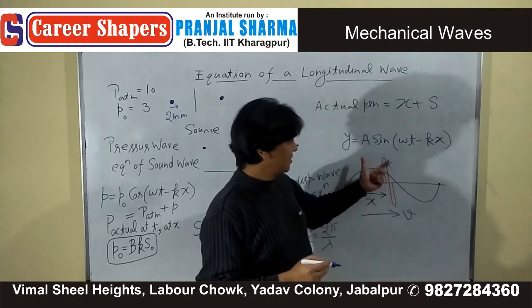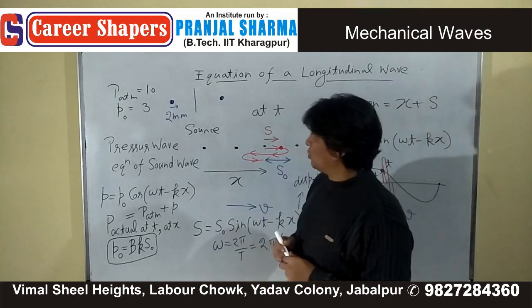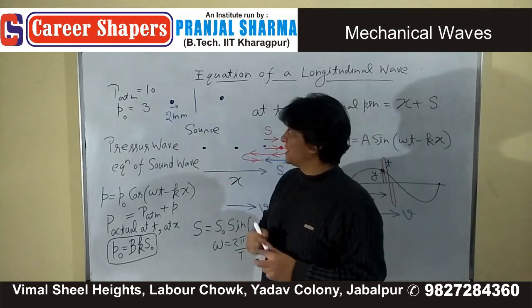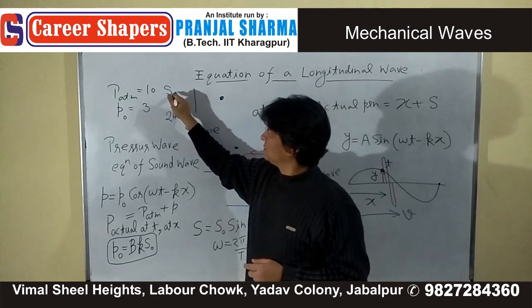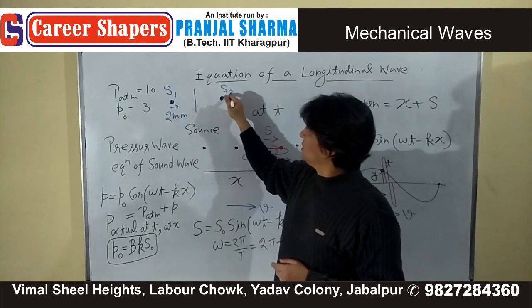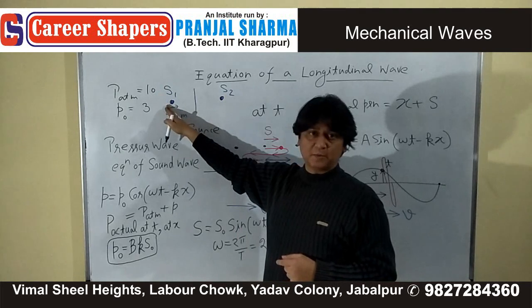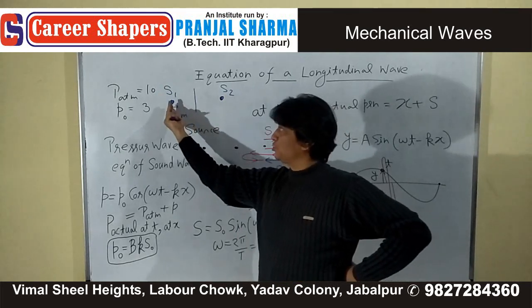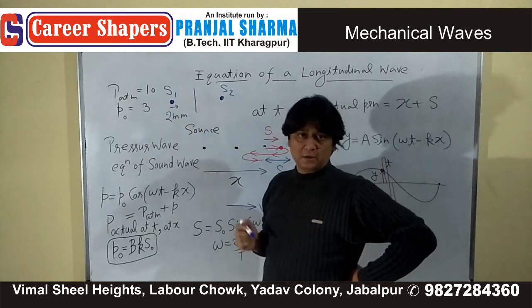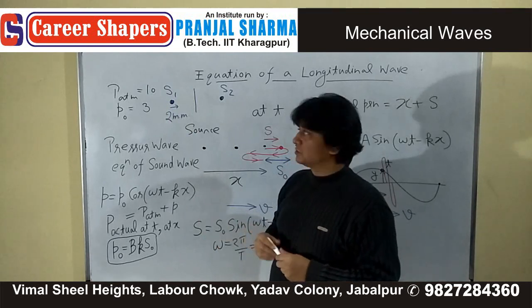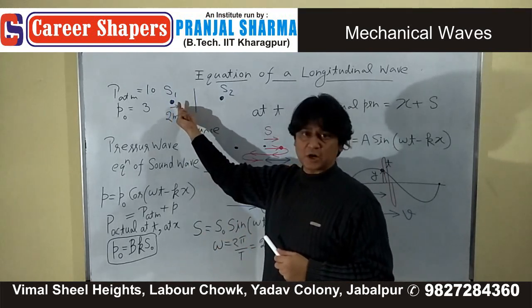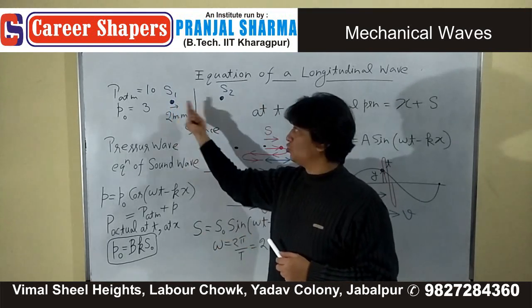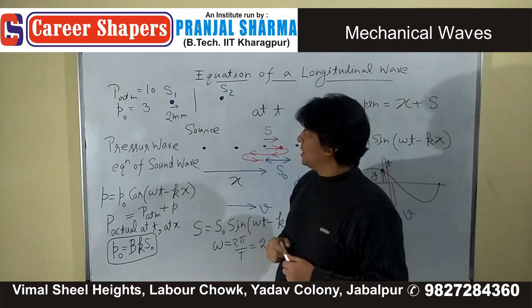Remember, that's how we develop this equation. This first source is S1 and this is S2. The first source sends a command that everything should move by 2 millimeter. Then all these air molecules will start moving by 2 millimeter each.